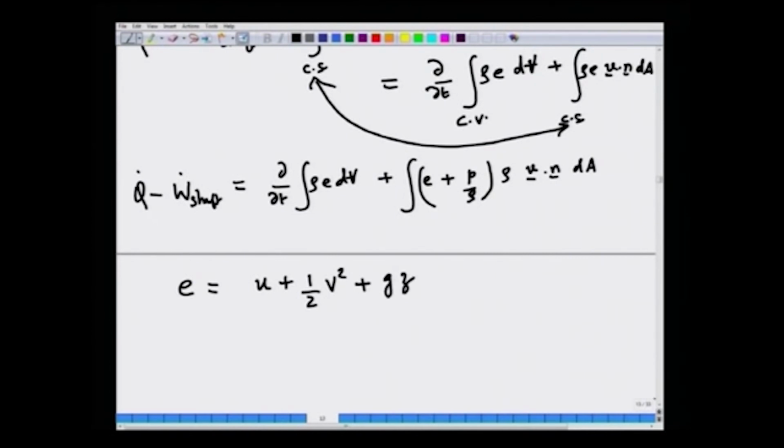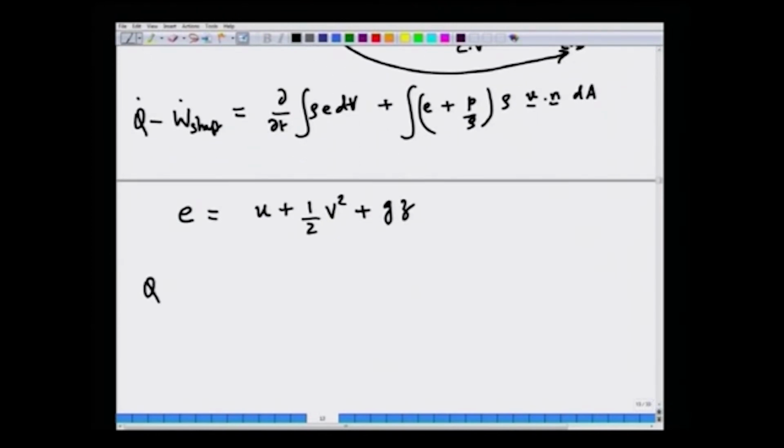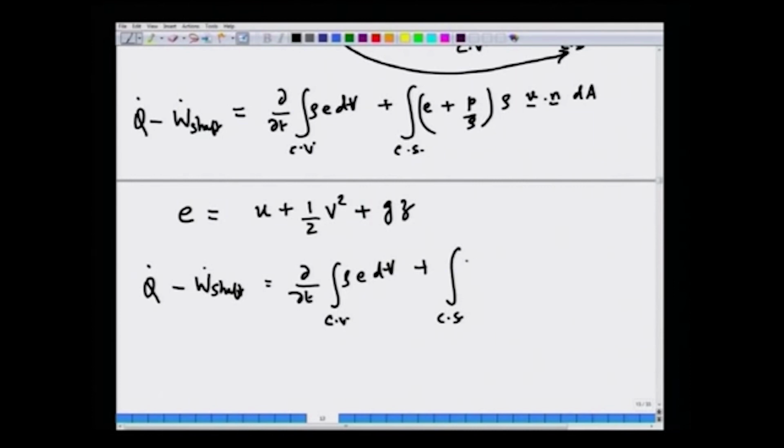So, we further write this in the following manner: Q dot minus W dot shaft is d dt integral Cv rho E dV plus integral Cs, E, I am going to write it as U plus P by rho plus half V squared plus Gz, rho V dot N dA.